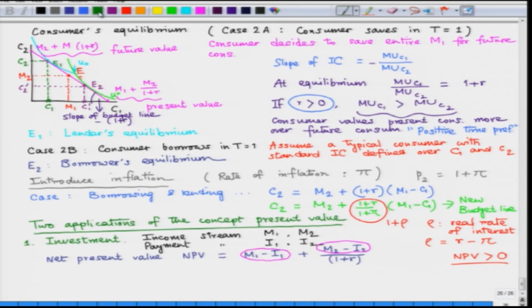Now, let us quickly look at another application of this concept of present value, and we are going to discuss a concept known as bond, which is very popular in financial markets. So, bonds are very common in the borrowing and lending market.